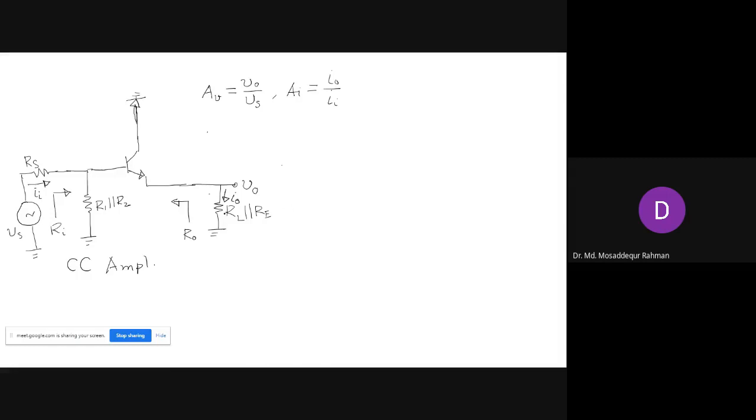And again, like for the common emitter amplifier, you see this part at the input side, we can replace by its Thevenin's equivalent.